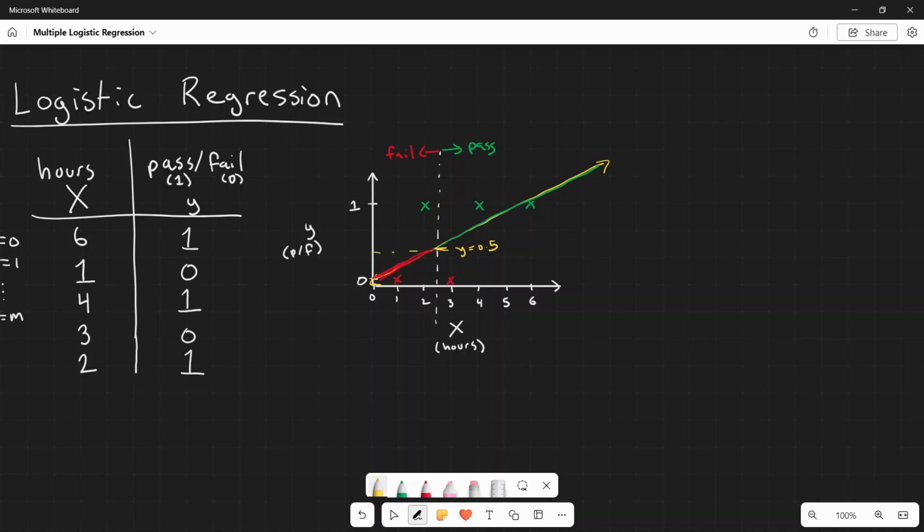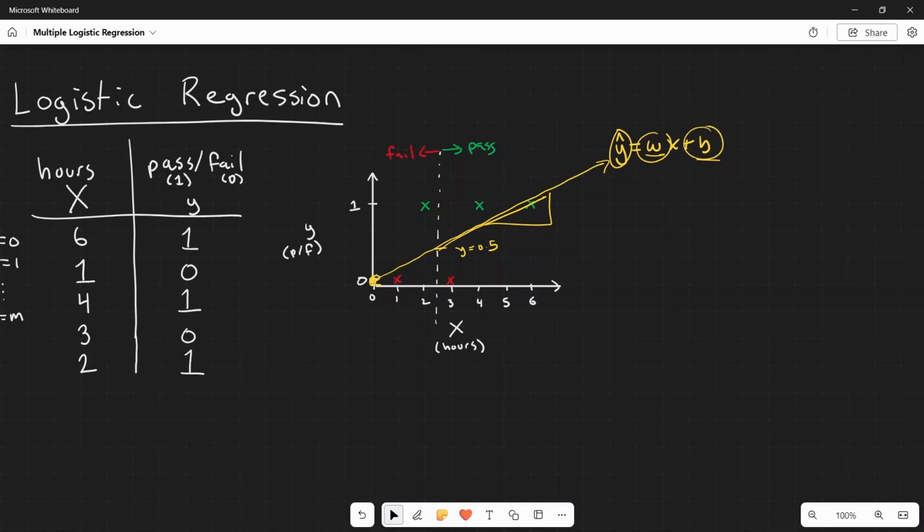So if this was y equals 0.5, then anything above it would pass and anything below it would fail. In something like linear regression, this line might be represented by y hat equals wx plus b, where y is the resulting value, w is the slope, and b is the y-intercept, where w is also called weight and b is also called bias.